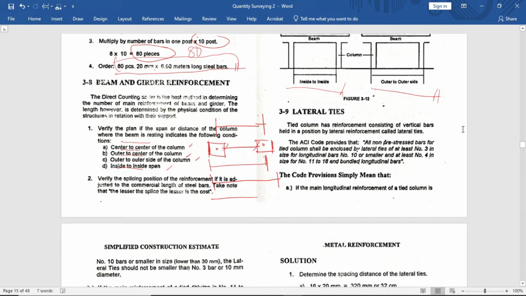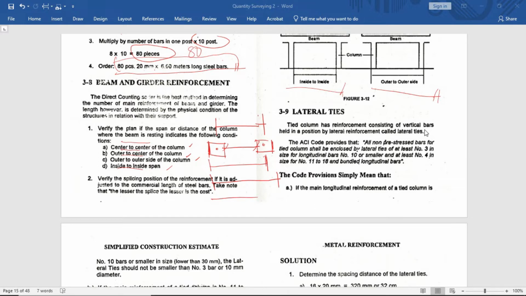So, lateral ties. Tied column has reinforcement consisting of vertical bars, held in position by lateral reinforcement, lateral ties. Ito yan.